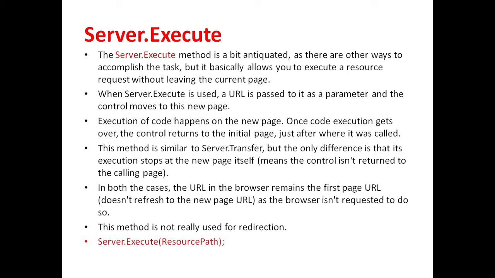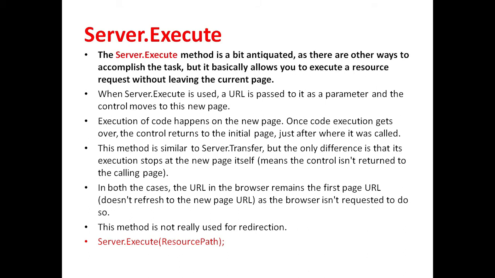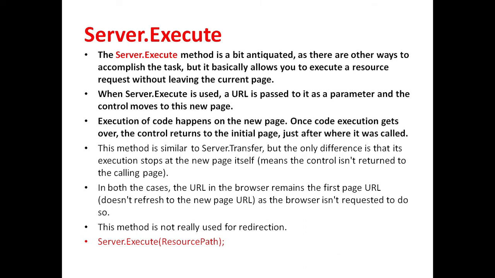Then Server.Execute. The Server.Execute method is a bit antiquated, that is, it is outdated, as there are other ways to accomplish this task, but it basically allows you to execute a resource request without leaving the current page. When the Server.Execute method is used, the URL is passed as a parameter and the control moves to the new page.